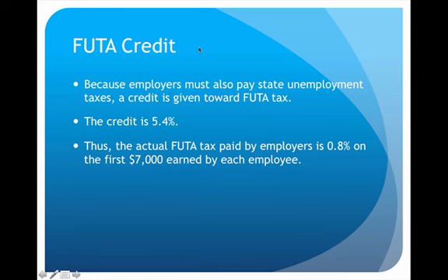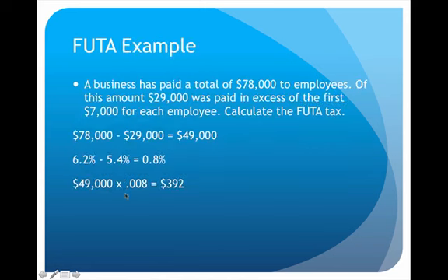So to provide us with a little bit of relief, currently they give us a FUTA tax credit of 5.4%. So what that really means is that we do not have to pay 6.2. So the actual FUTA rate that we pay is really only 0.8%. So we're going to be responsible for 0.8% on the first $7,000 earned by every employee.